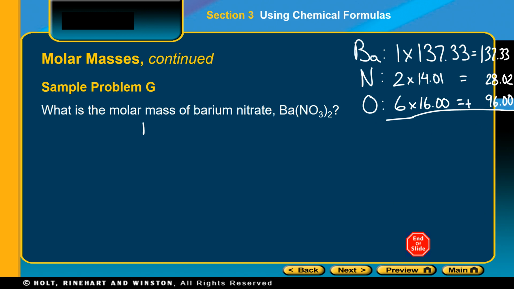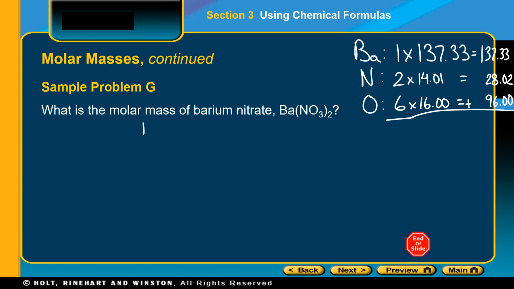All right. So setting this up, we have one barium in this compound, and that's going to be 1. We look up the atomic mass of barium. It's 137.33. Nitrogen, we have 2 nitrogens. Each nitrogen is 14.01, so 2 times 14.01 gives me 28.02. And then I have 6 oxygens because I have 3 oxygens in the nitrate and I have 2 nitrates there.